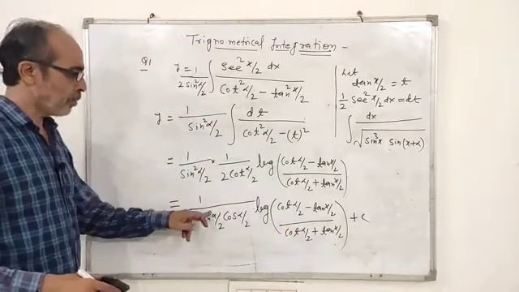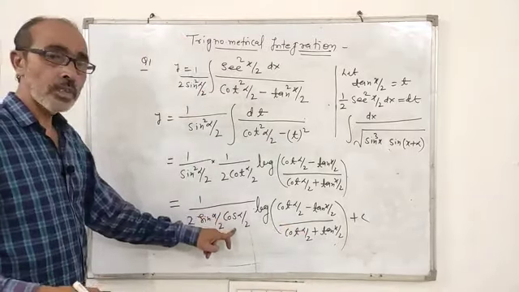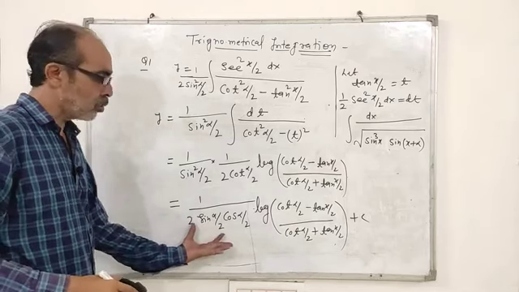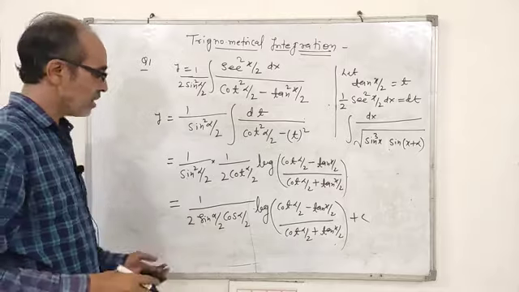Now 2 sin alpha by 2 multiplied by cos alpha by 2 is, by the formula of sin 2 theta, sin alpha.